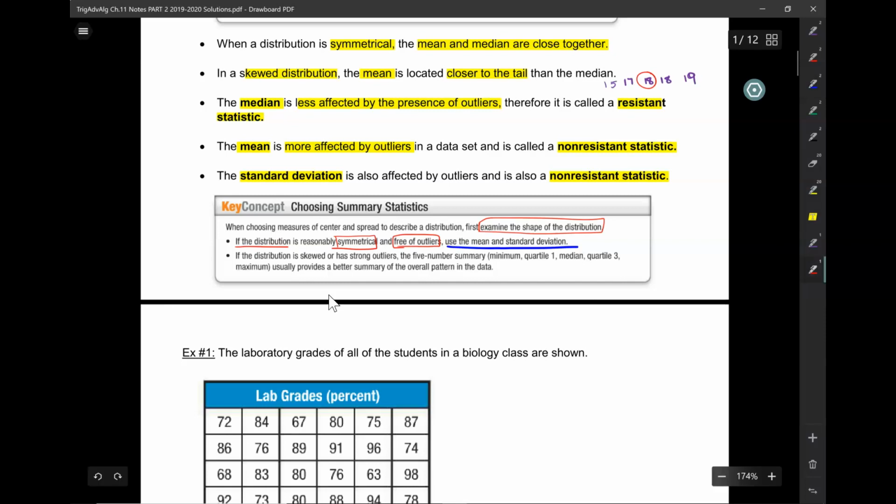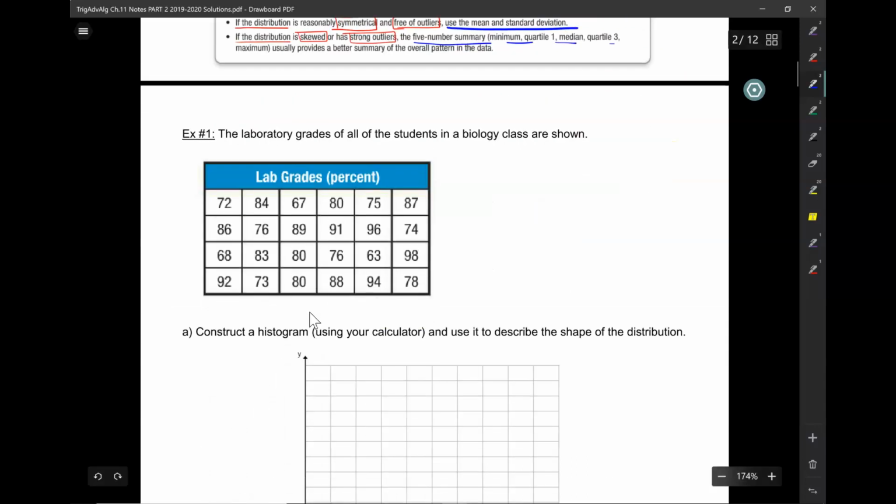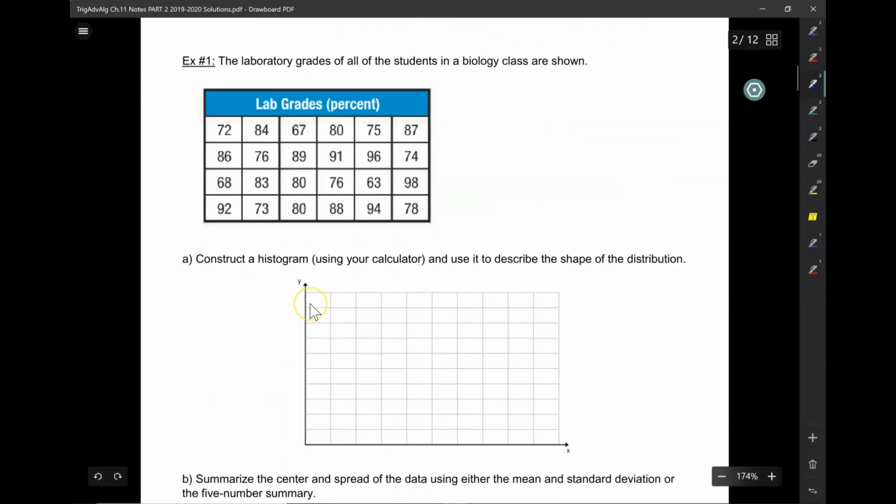If the distribution is skewed or has strong outliers, then you use the 5-number summary, which includes the minimum, median, and so on. So you have to look at the shape. Symmetrical, use the mean and standard deviation. Skewed, use the median.